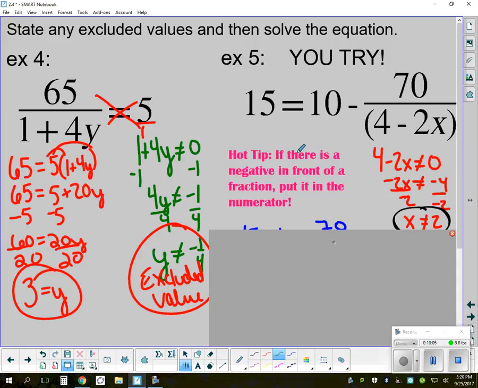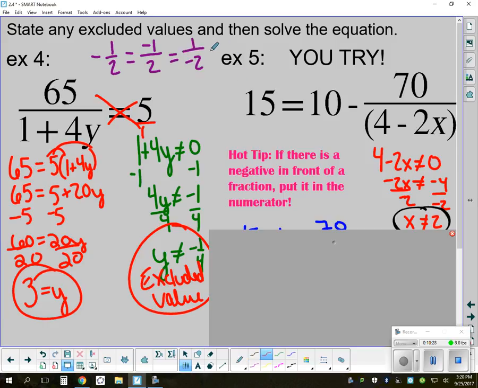Hot tip when you're solving: if there's a negative in front of a fraction, when you get to that point, put that negative in the numerator. What I mean by that, you have to be aware that if you have the fraction, say, negative 1/2, that is the same as having negative 1 over 2 or having 1 over negative 2.